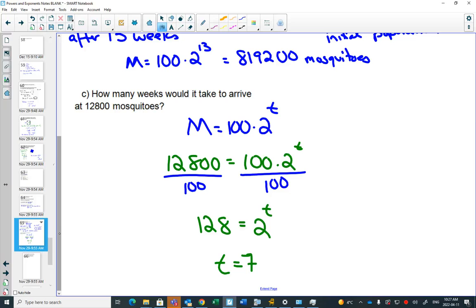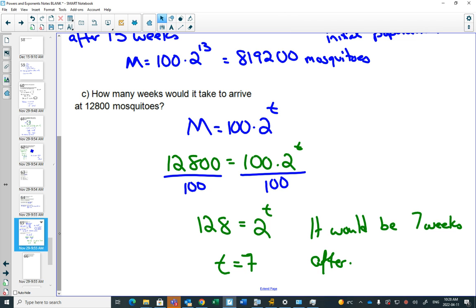So, again, this is a word problem. We would lose some marks if we just ended like this. We have to write a statement. It would be 7. What's our unit for the time? In this question, it's weeks. It would be 7 weeks after.